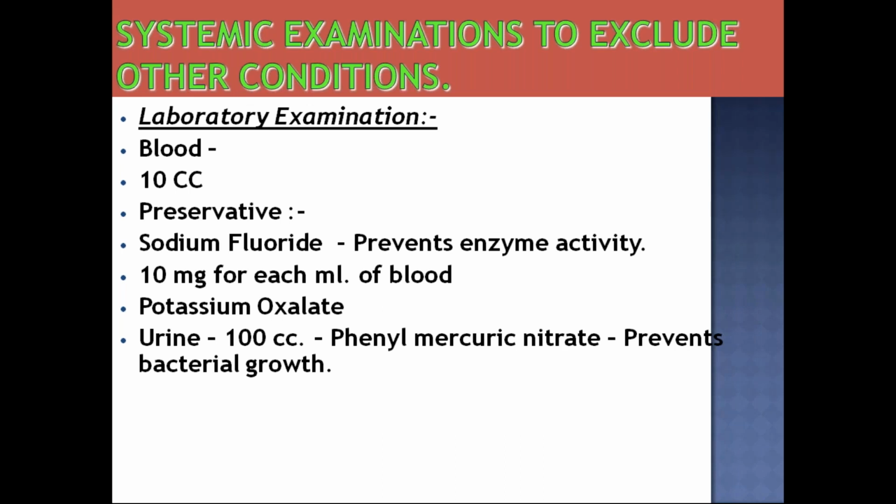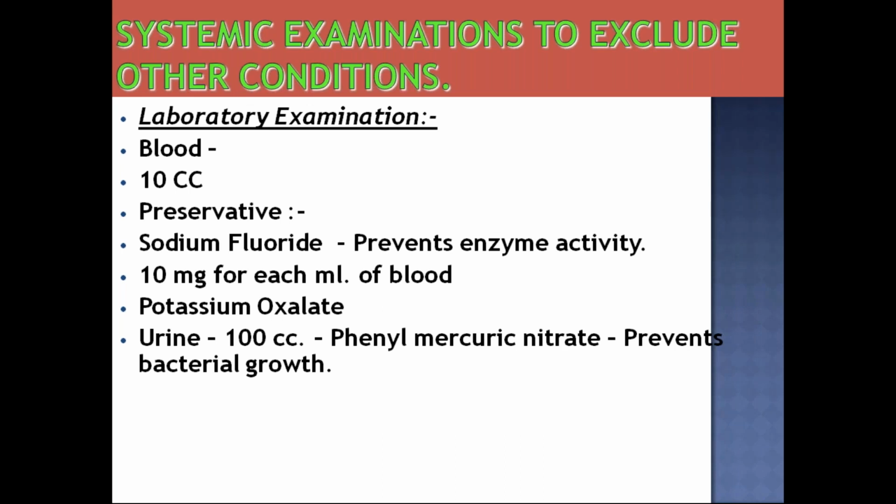Normally when alcohol is sent as a viscera sample to the forensic science laboratory, they will not do it immediately. They will take 24 hours or 48 hours or 72 hours, depending upon the viscera load and the previous workload.